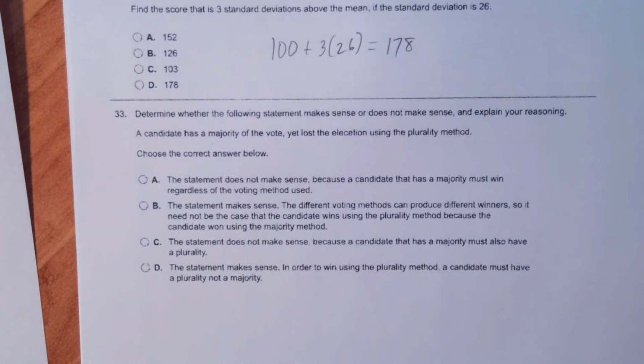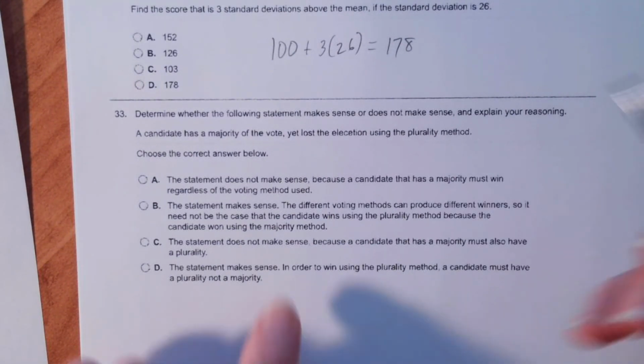Well, the plurality method means that you just got the most votes of the candidates. Now, if there's only 2 candidates and you got the most votes, you would have to have a majority. You're over 50%. And if you had more, like say there were 3, maybe each of you got about 33%, but nobody got a majority.